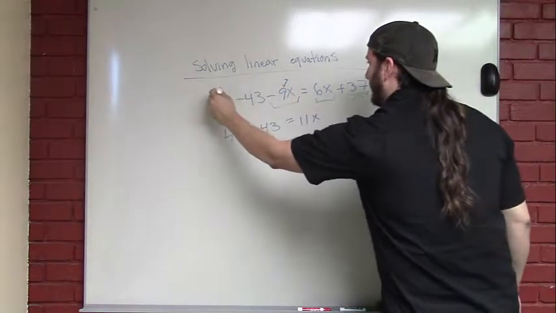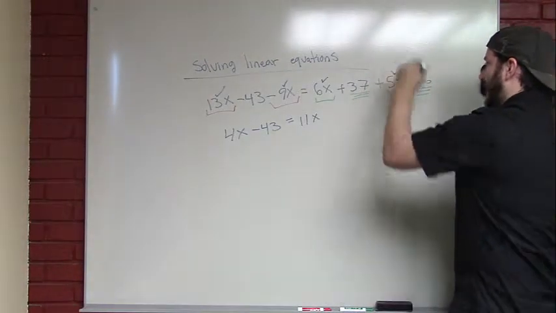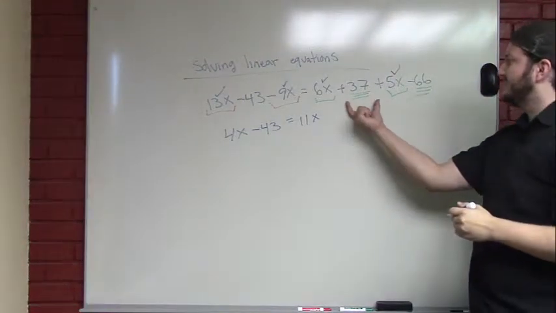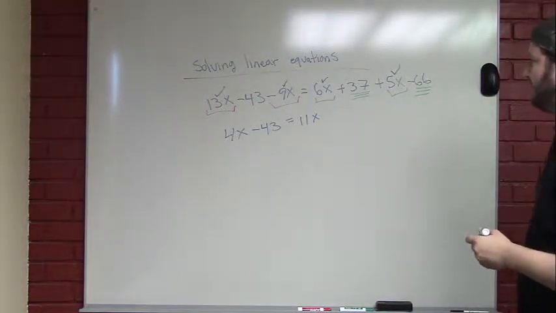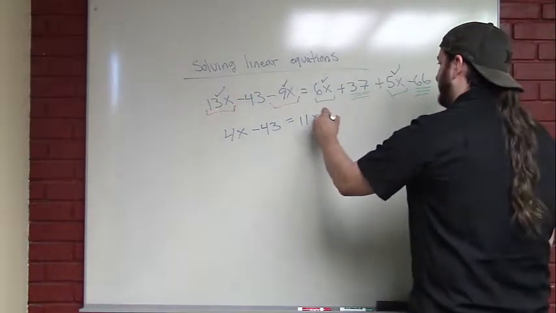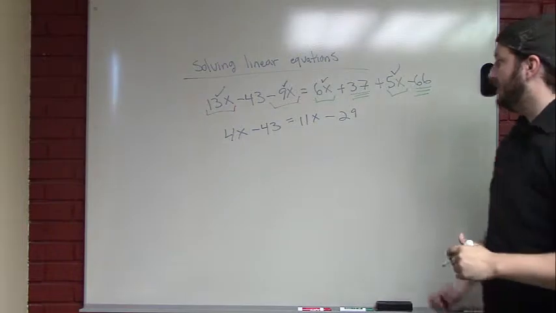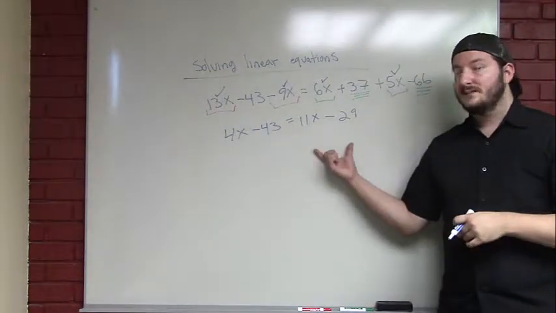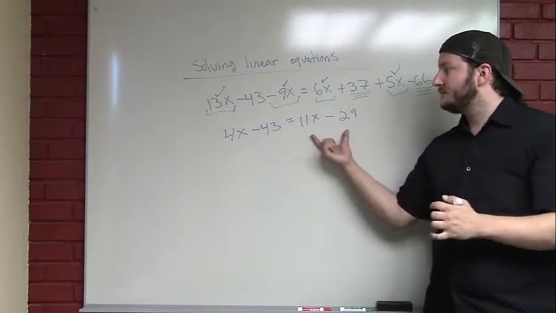And whenever I combine stuff, I like to put a little check mark just to keep me organized. So now all we have left is this 37 minus 66, okay? And 37 minus 66 is going to be a negative 29, okay?